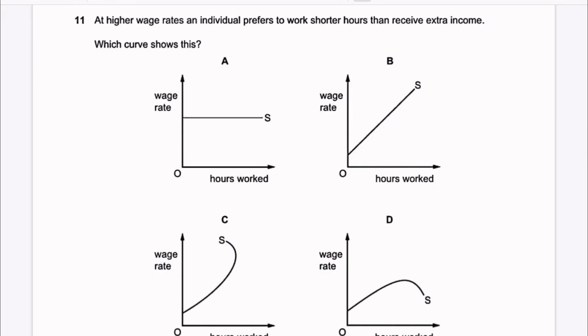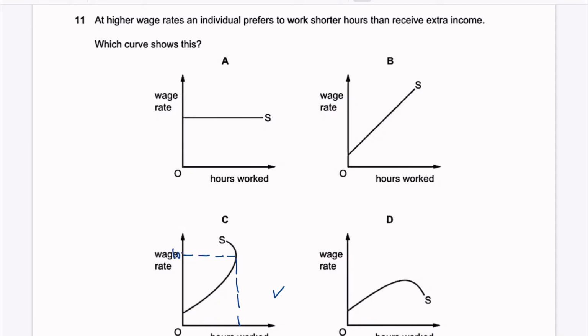At higher wage rates, an individual prefers to work shorter hours than receive extra income. Which curve shows this? Okay. So for this, it is actually shown in the textbook, but it's a very minor part. You must know that it's actually C. But the reasoning behind it is, okay, let me just draw the graph first.